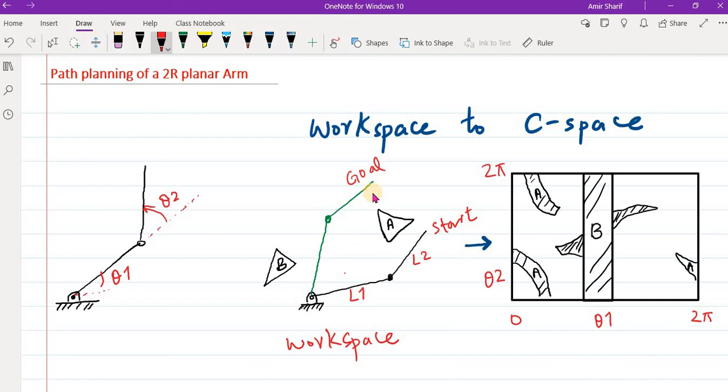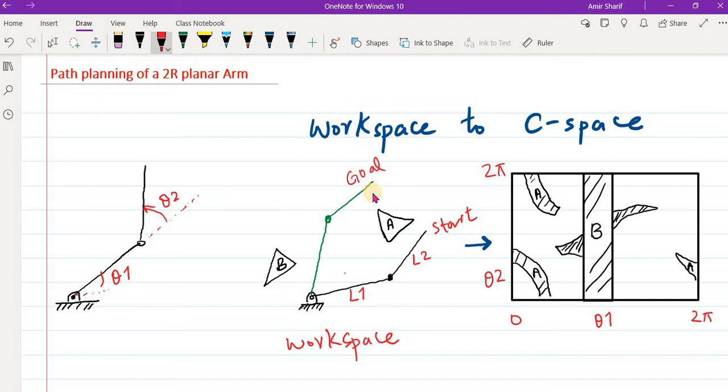So if link 1 is, let's say, between 0 and 45, and your link 2 value is straight, like 0, then there is a chance that it will collide with this obstacle. So what you need to do is move link 2 a little bit backwards, like an angle of maybe 270 degrees, and then there is no collision.